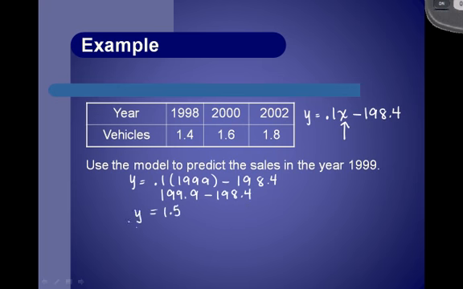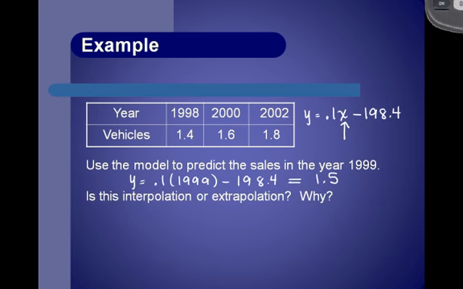So that would suggest that the y value, or the number of vehicles, is 1.5. Is this interpolation or extrapolation? Well, because 1999 fits between some of the given values, it's called interpolation.